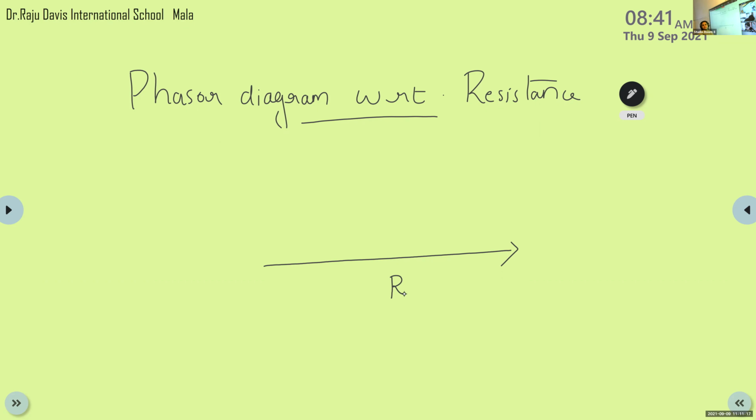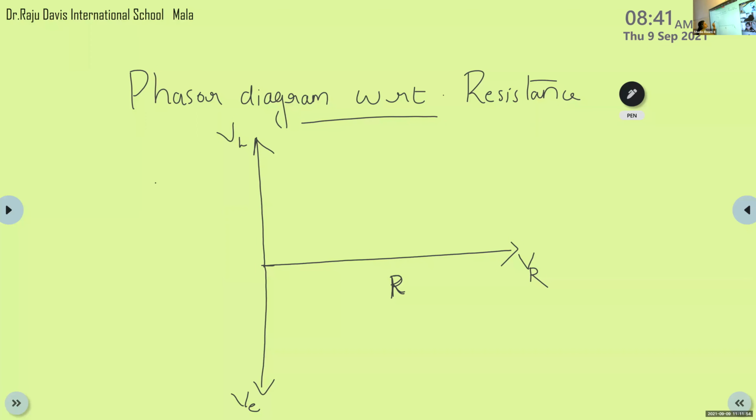We only take the value of resistance offered by the resistor, that is R. Normally in the phasor diagram with respect to voltage, we take VR here, the voltage across the inductor here, and the voltage across the capacitor here, VC. So here we are going to represent the phasor diagram with respect to resistance. The resistance offered by the resistor is taken as R.